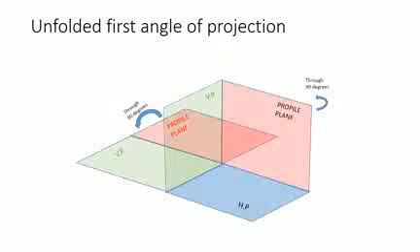Let us consider first angle of projection. That is the first quadrant. If we consider this angle of projection, an object can be placed in first angle of projection, that is, in first quadrant.